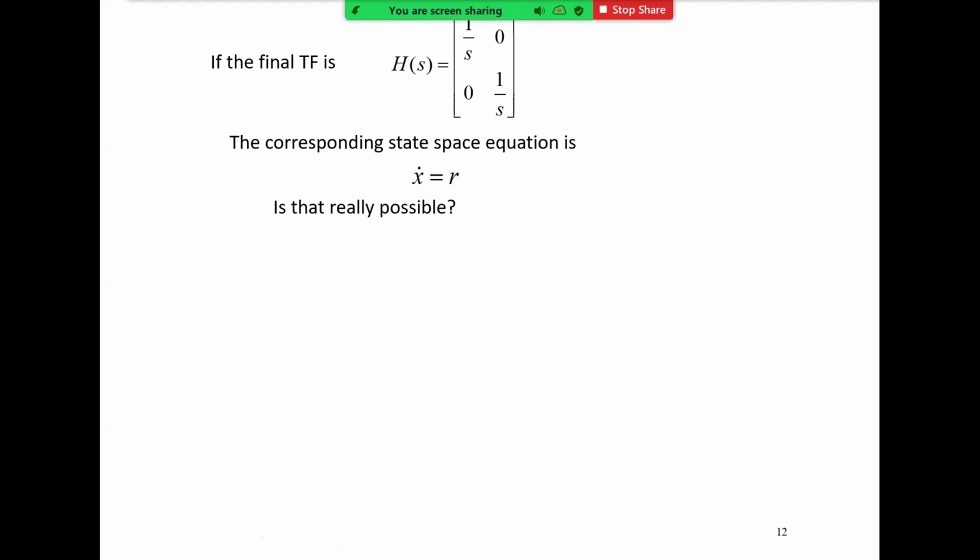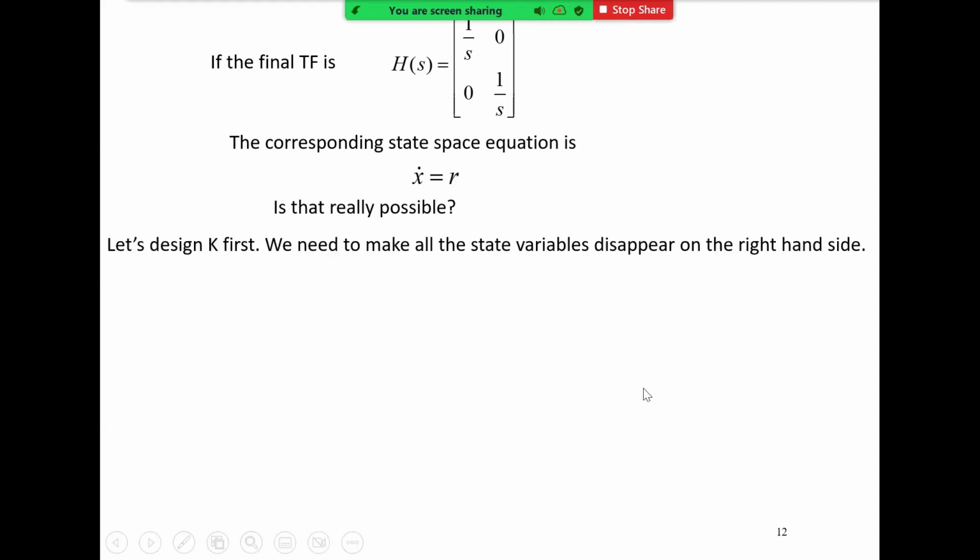There is only u, R. Which means in the state space model, the term corresponding to Ax completely vanished. There are no state variables on the right-hand side. We need to make all the state variables disappear on the right-hand side. So how is that possible?